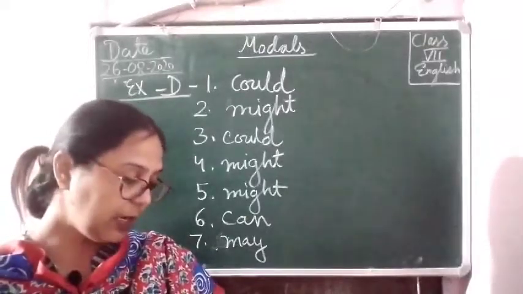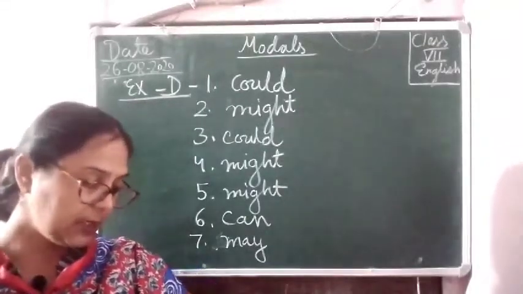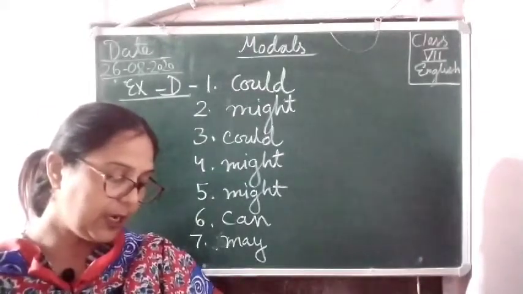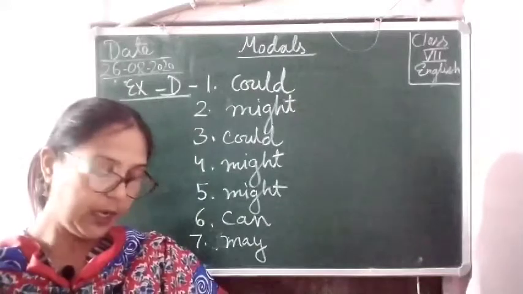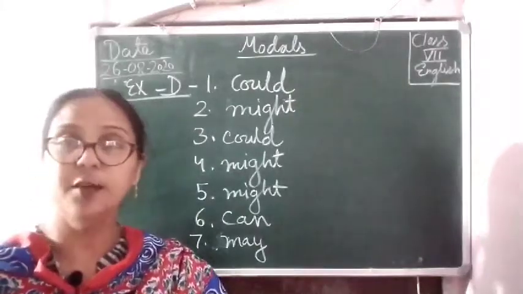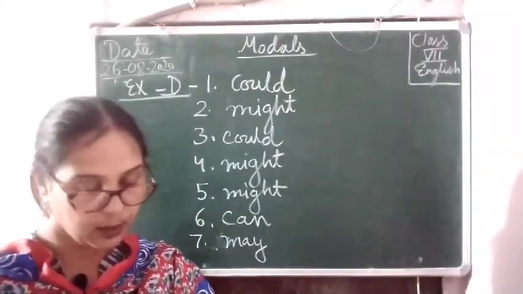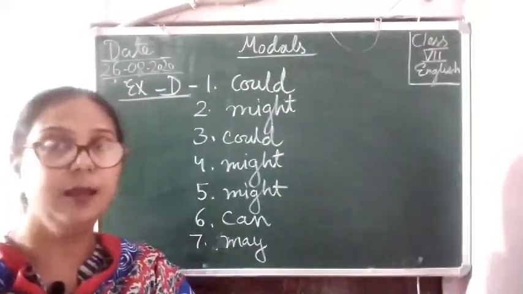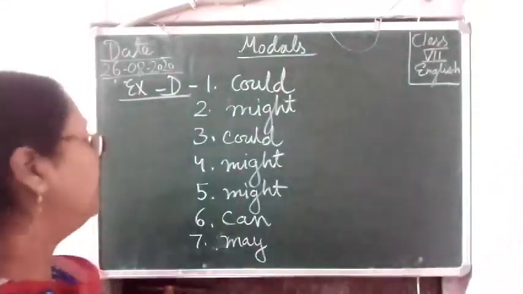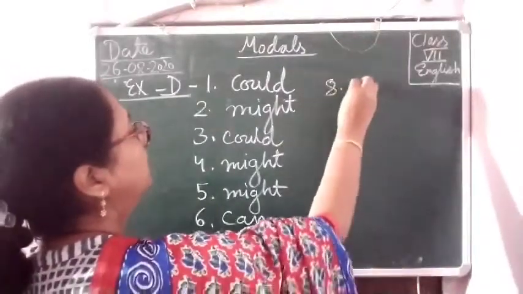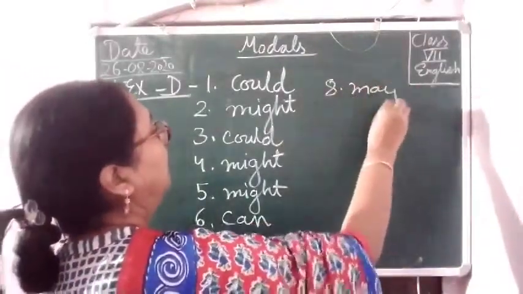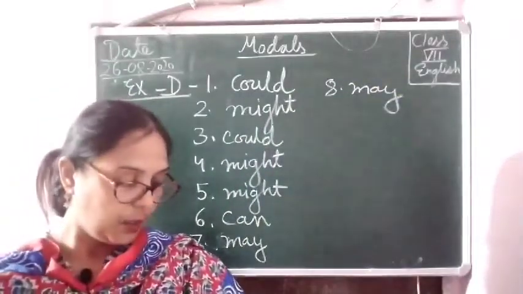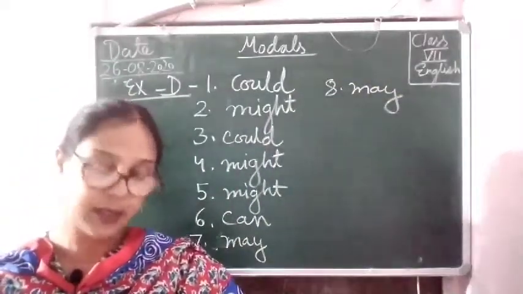Now we are moving to 8. Your sister is studying medicine. She dash tell you clearly about the nervous system. So here good possibility. Now what are we going to use over here? May. So in number 8 we are going to use may. Your sister is studying medicine.